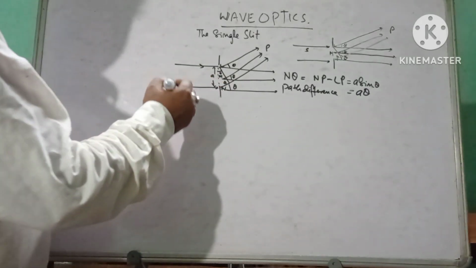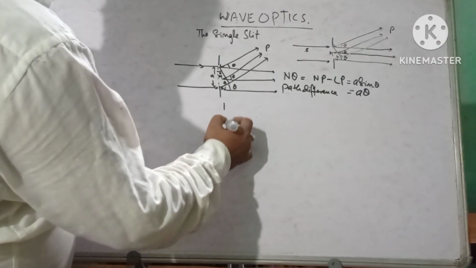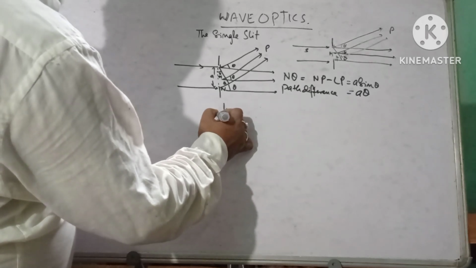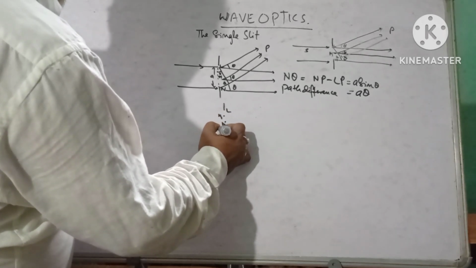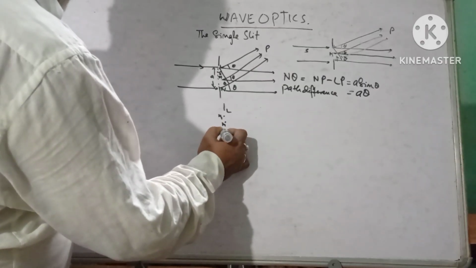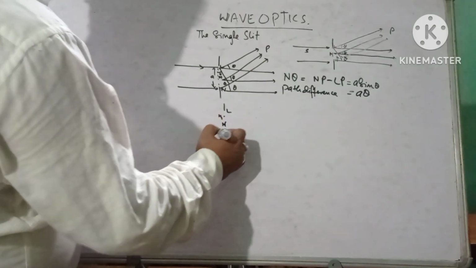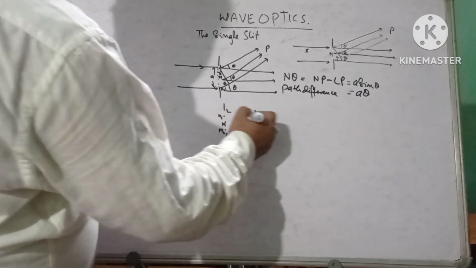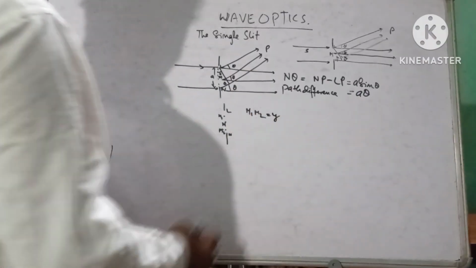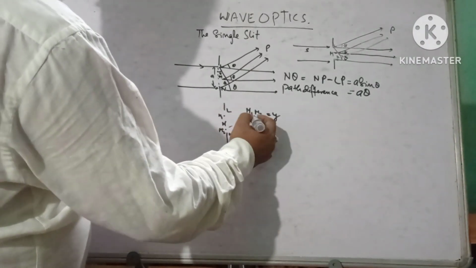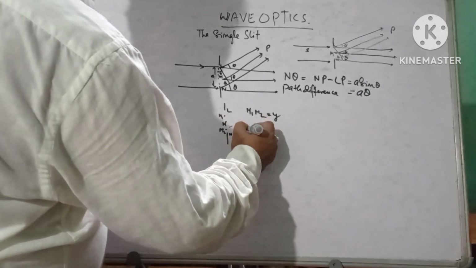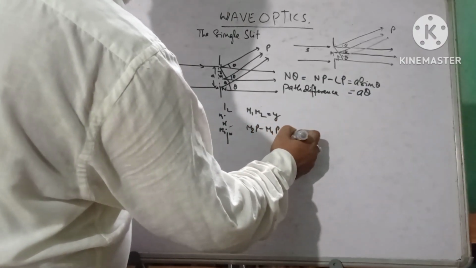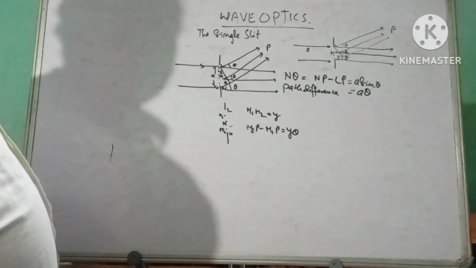Now again, this is the slit, this is L, this is N, and this is M. If we take a point M1 and another point M2, and the distance between M1 and M2 is Y, then for these two the path difference, M2P minus M1P, will be Y theta.